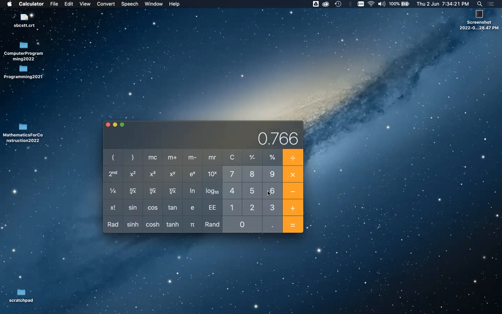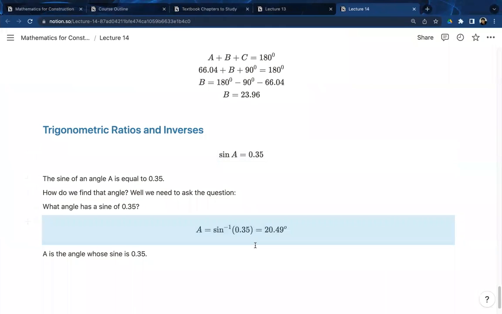I know that's the cosine and I want to know what angle has that cosine. Well, I'll use second function, inverse cosine. Inverse cosine tells me the angle that has that cosine. See here, 40 degrees, right?